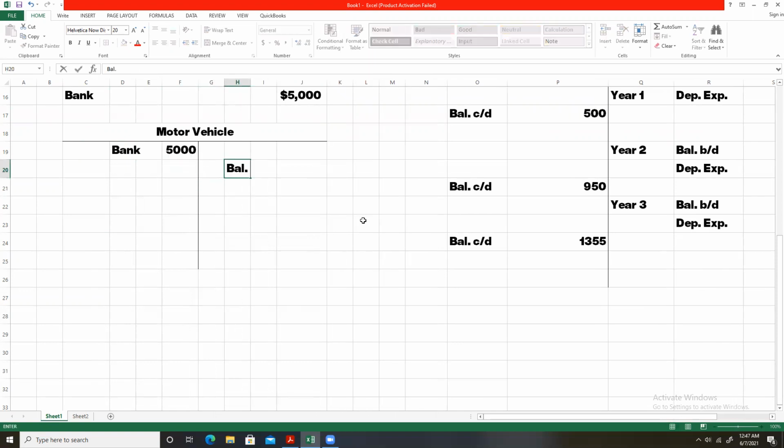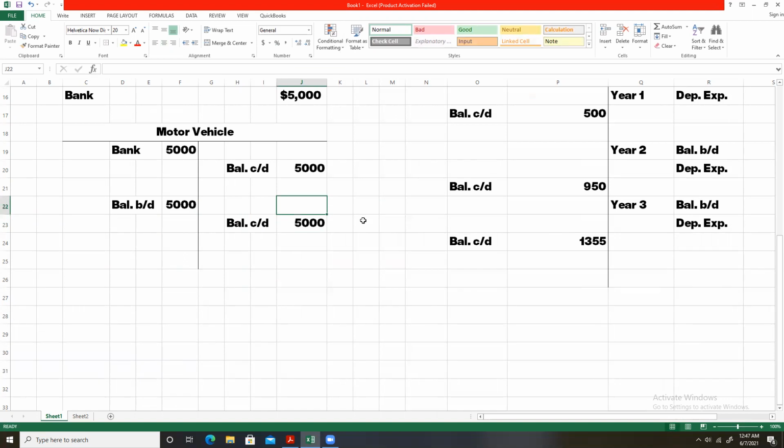The closing balance we will get in the first year is 5,000, and this closing balance will be brought forward to the next years. It will continue to be the same unless there is any disposal or addition in the motor vehicle account.